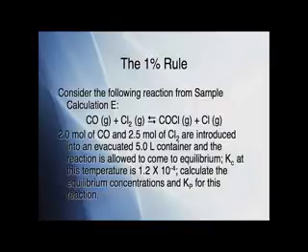And there is. And here at Ontario High School, I allow students to use something called the 1% rule to determine whether they need to use a quadratic or not. I offer this caveat to you. I will demonstrate this, but you will need to speak with your own instructor if you're not an Ontario High School student and ask them whether they will allow you to use this rule.